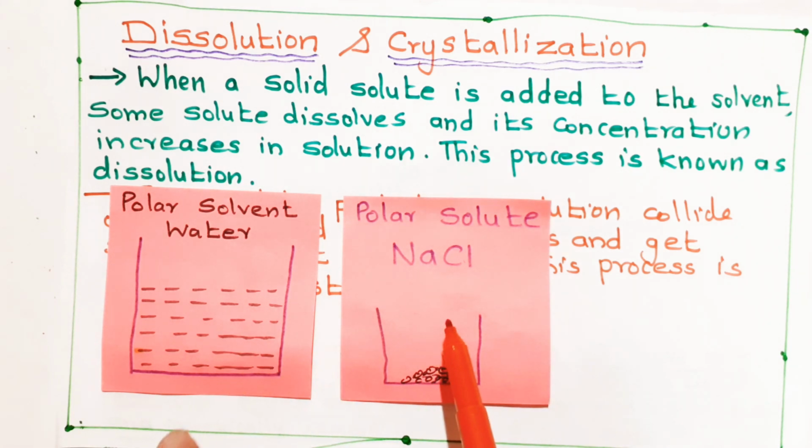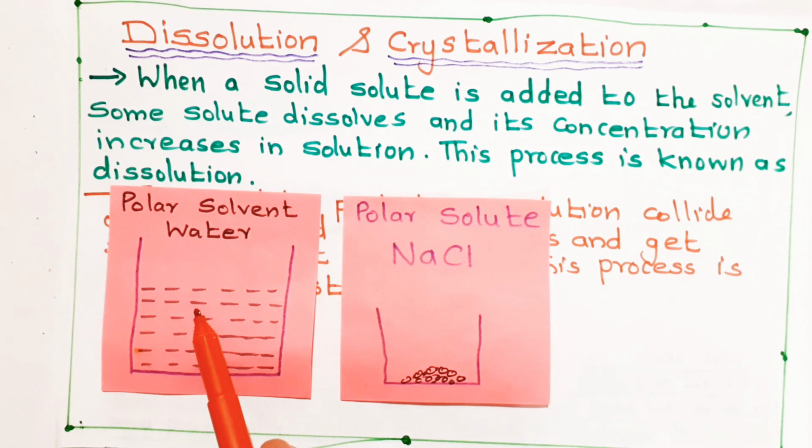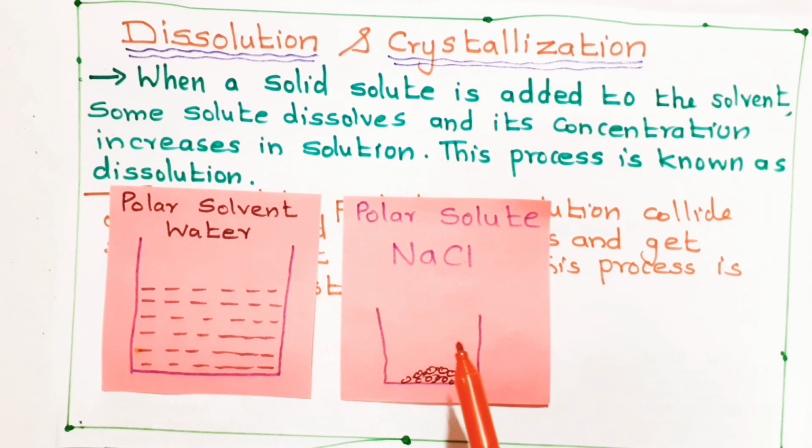Again, I have some more sodium chloride. I will add the left out sodium chloride into this sodium chloride solution. That sodium chloride also will get dissolved into this water. That means concentration increases. Right? This process is called dissolution.